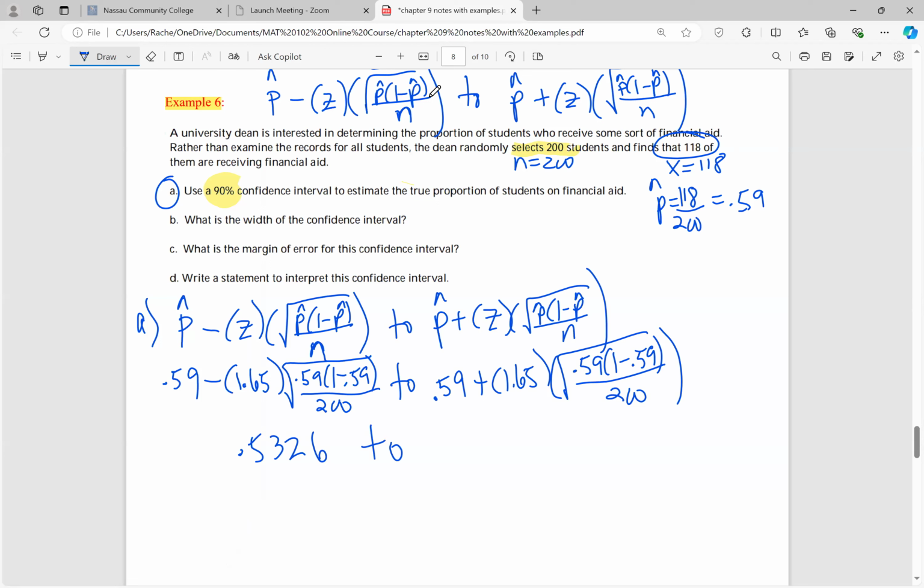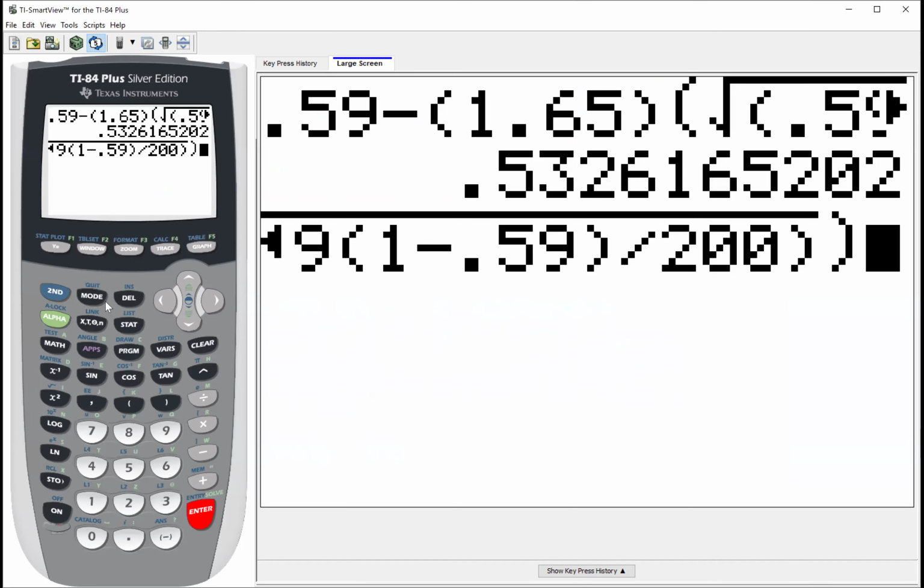And now we have to calculate the upper bound on the confidence interval. Remember what I said. We don't have to type this whole thing again. Press second and enter, and then just arrow back to that subtraction and make it a plus.